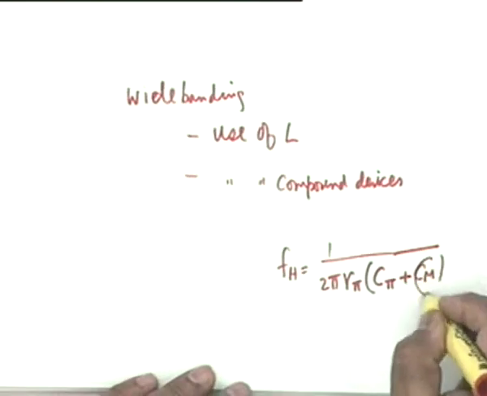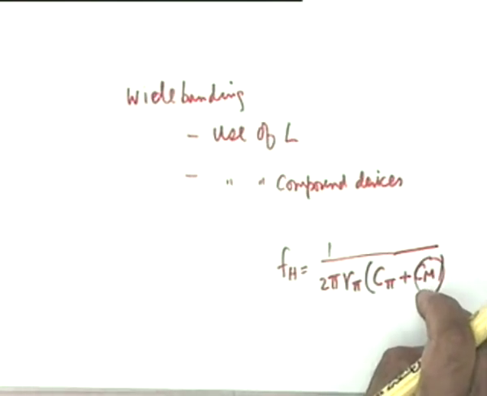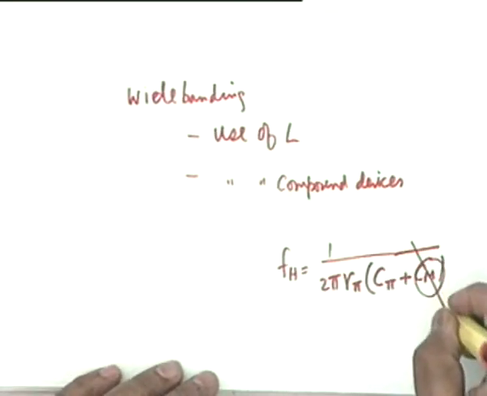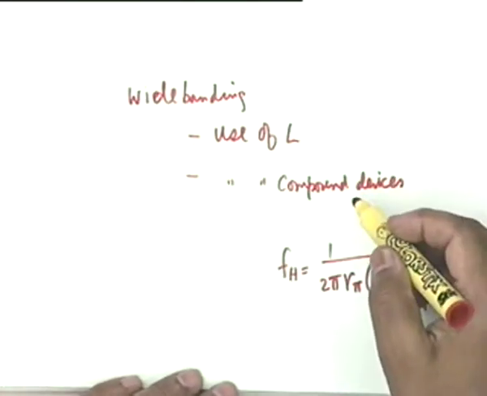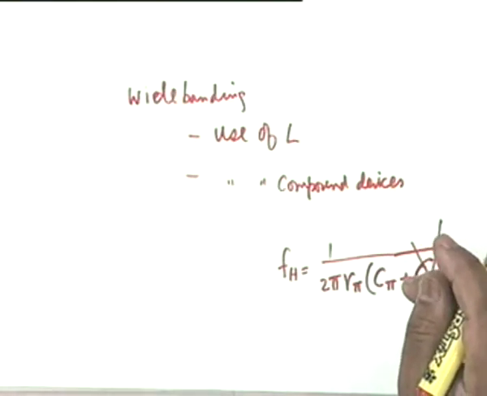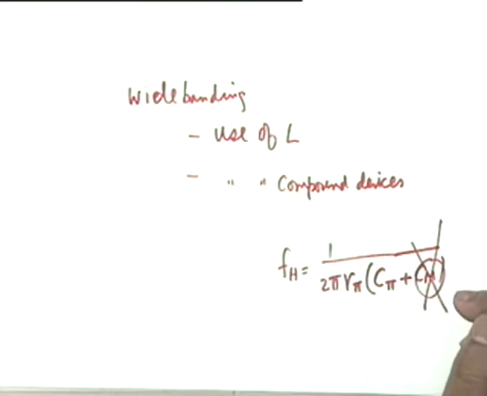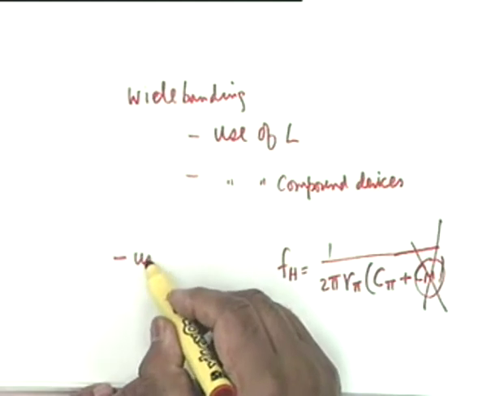It is this Cm which creates the problem. It is a large capacitor which can swamp C pi, because Cm is gain multiplied by C mu, and therefore if we can get rid of Cm, obviously the high frequency end shall be extended. Two such compound devices we have already seen, the cascode and the CC-CB combination. We shall look at them in greater detail at a later point of time. We will analyze them and see how they extend. Then the third technique is use of feedback.